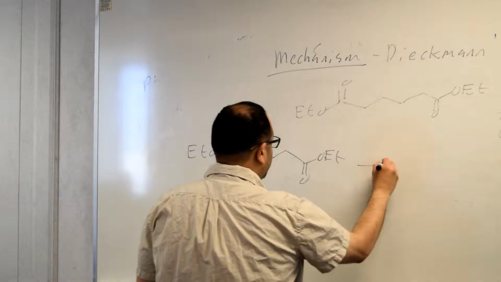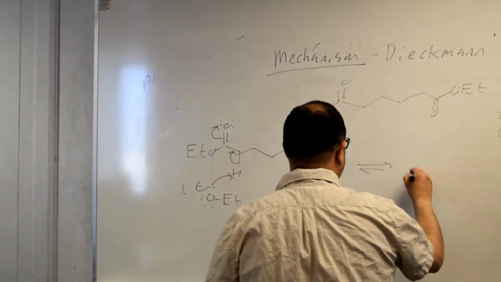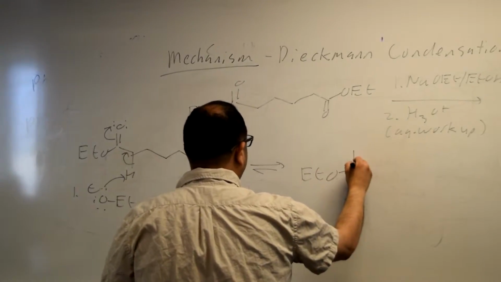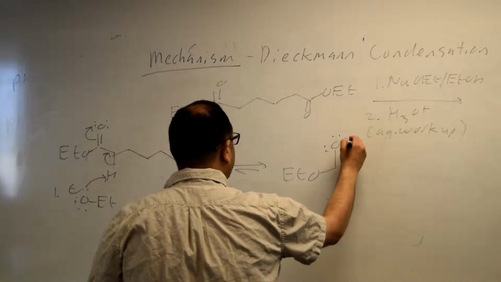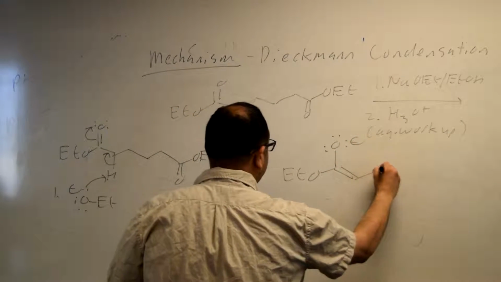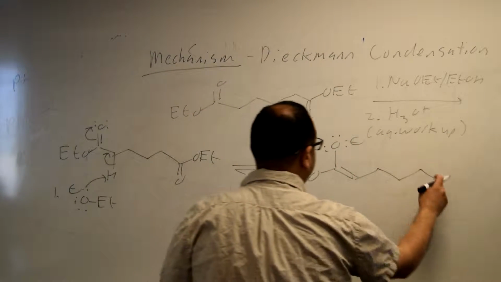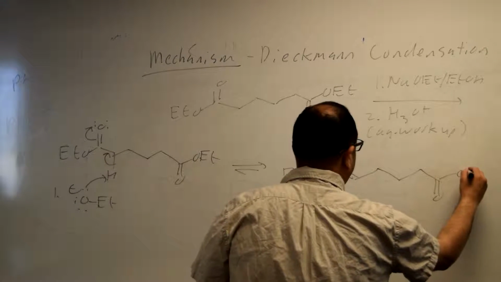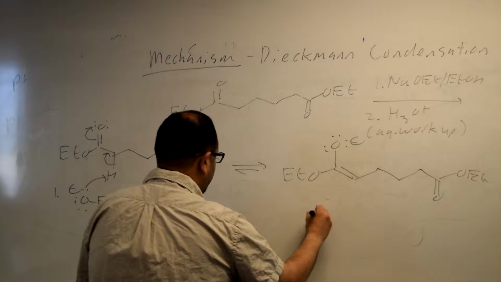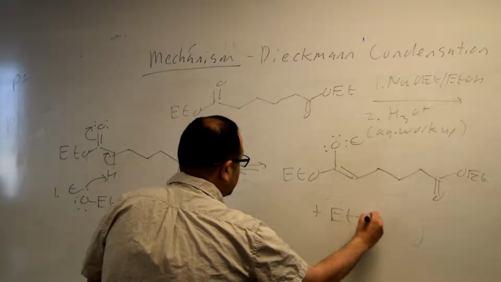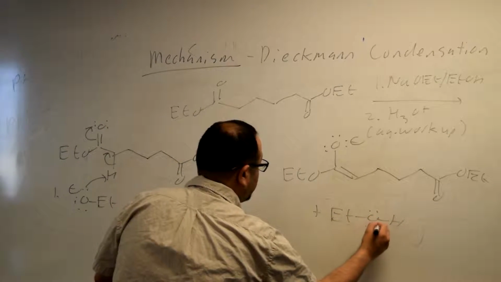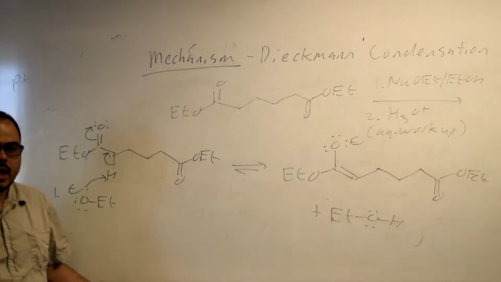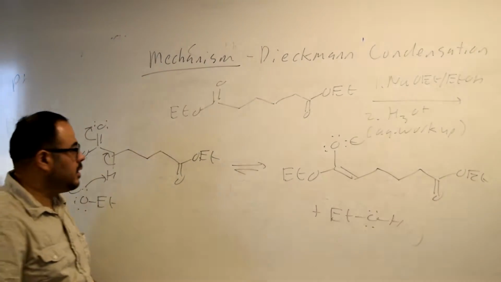Of course, it's an equilibrium process, and there are multiple resonance structures that you can draw for it. That will give you ethanol as the byproduct, and that's why we buffered it with ethanol, because you're generating ethanol after each deprotonation event.